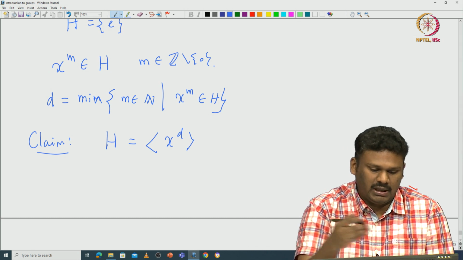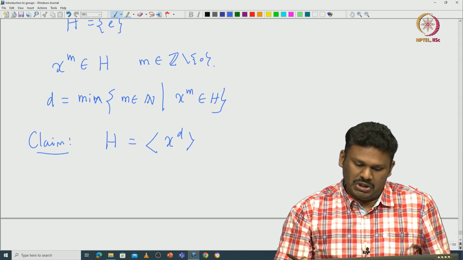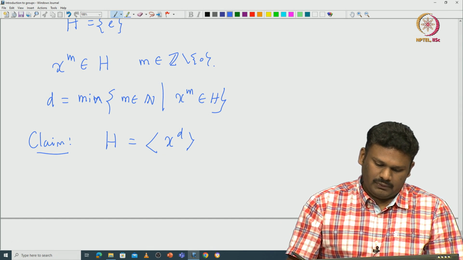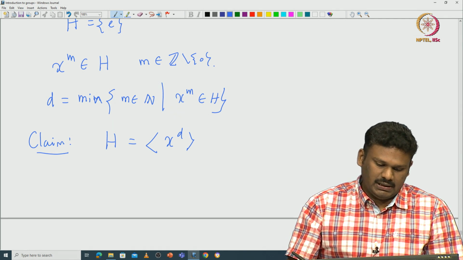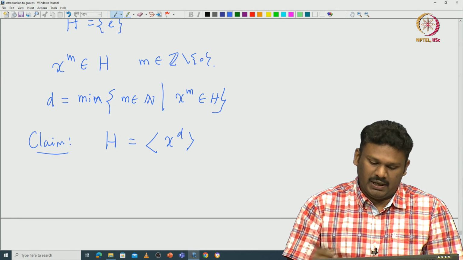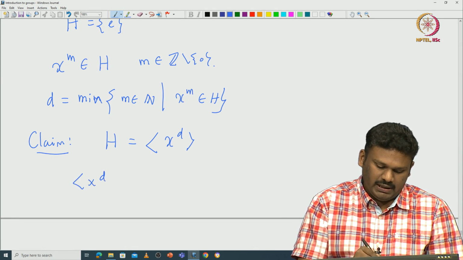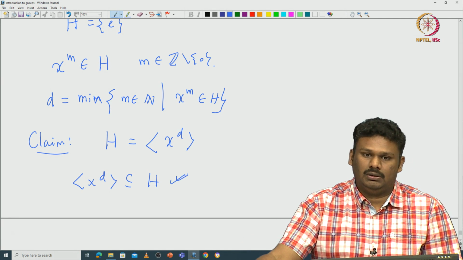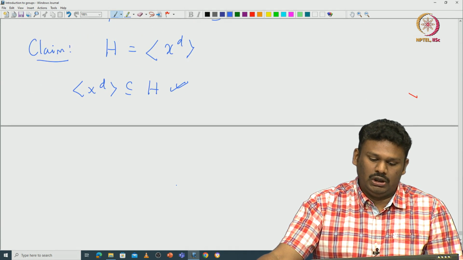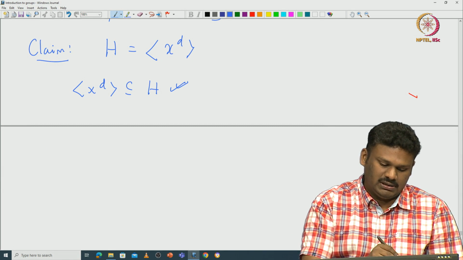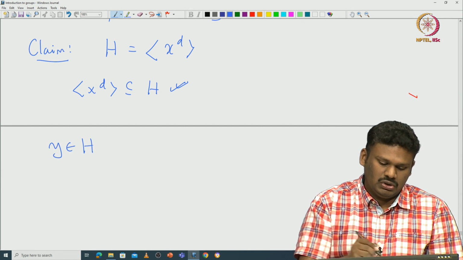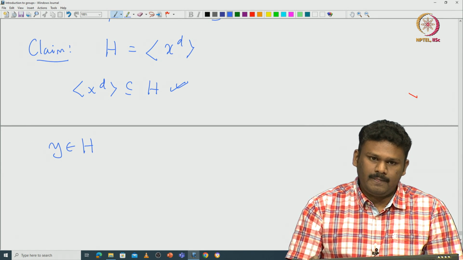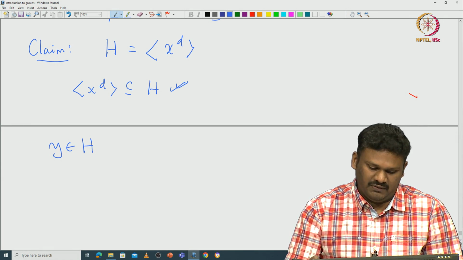Here we are taking the exponential of x instead of that positive integer. It is obvious that x power d in H implies the subgroup generated by this is contained in H. So, there is nothing to see here, but we need to prove the other way. You start with some y in H. We need to say that this y must be some power of x power d.